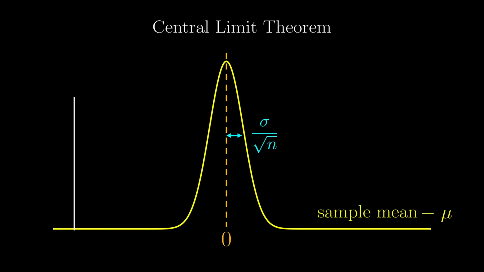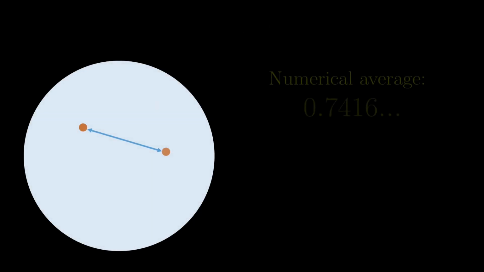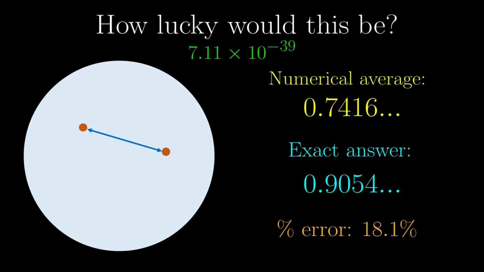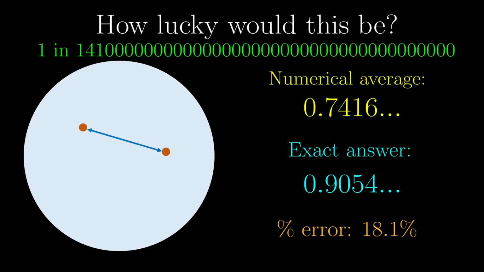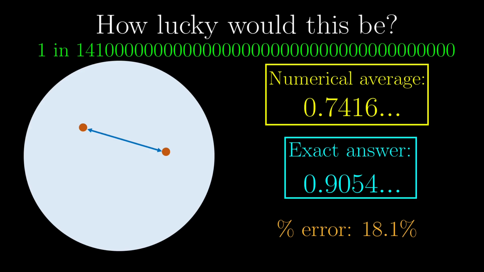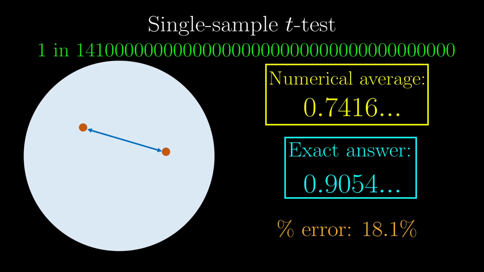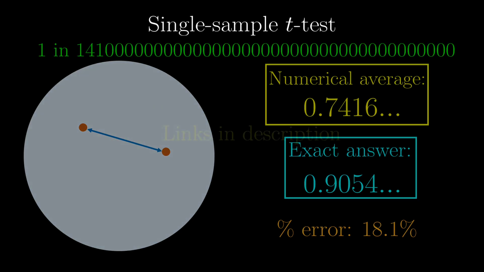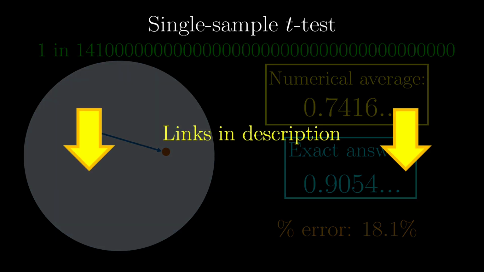We can calculate the probability that it is at least that extreme, and it turns out to be in the order of 10 to the minus 39, or if you want, 1 in the 141 undecillion, 141 followed by 36 zeros, which is so low that it is much more reasonable to conclude that one of these is wrong. What I've just described briefly is called a single sample t-test, and as said before, there are links in the description if you want to learn more.